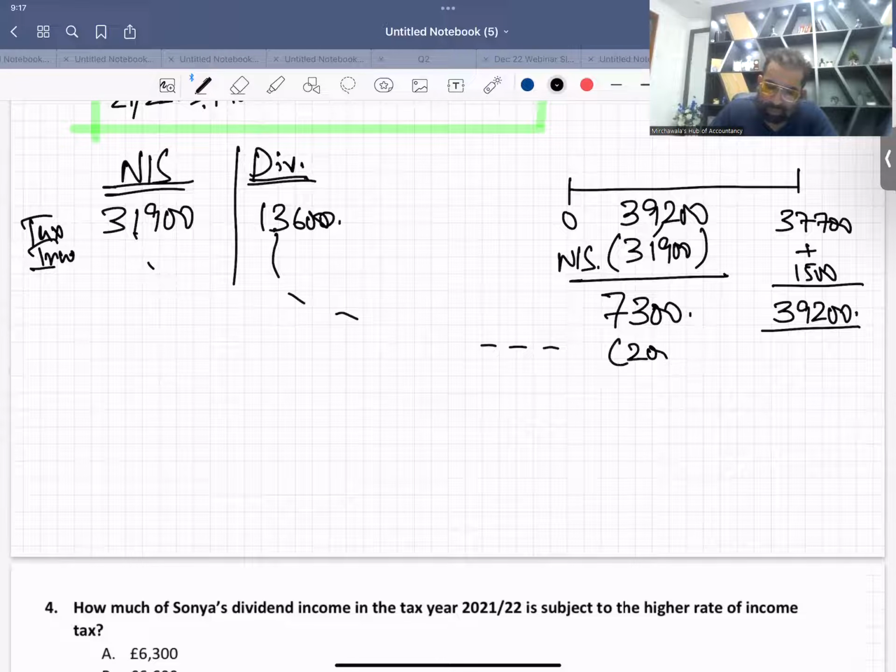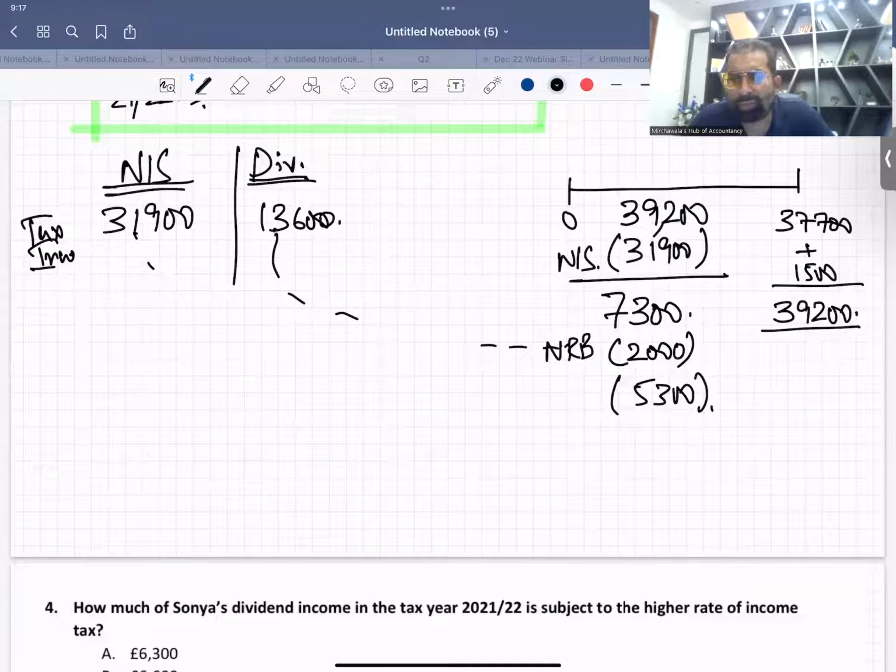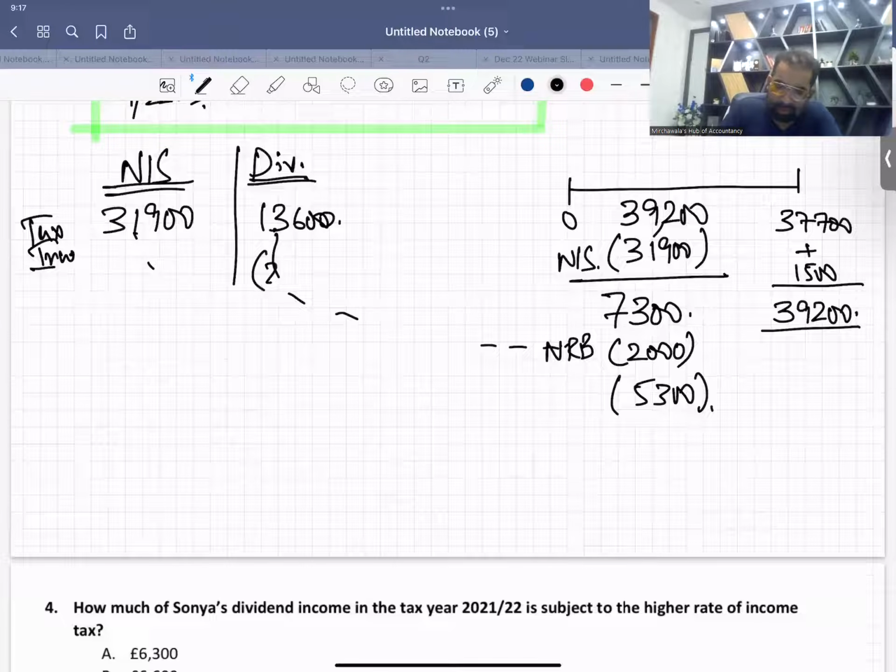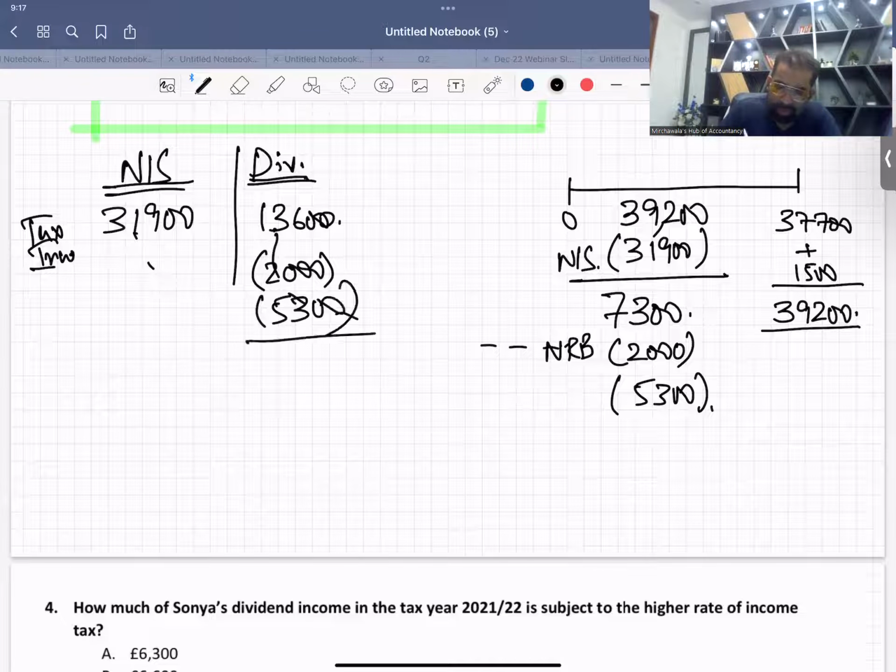2,000 is the nil rate band. And the rest, I think 5,300, will be there for basic rate tax. So 13,600 minus 2,000 minus 5,300. What else is left? Tell me.